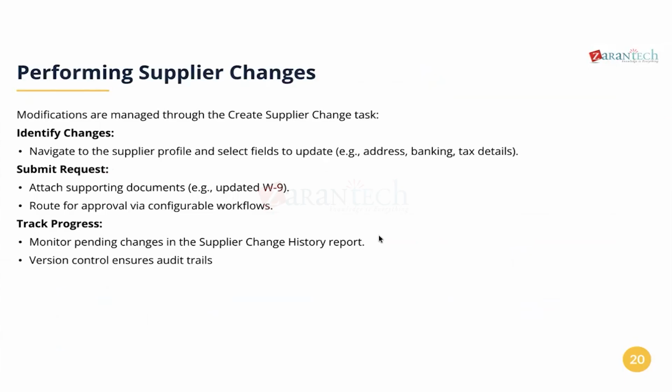Just from the theory perspective, any modification made to an existing supplier will be tracked through the Create Supplier Change task, or you go to the supplier and related actions, where you get different tasks like change supplier, alternate name, contact info, etc. You submit a request and attach the documents, and it will trigger a supplier change event BP.